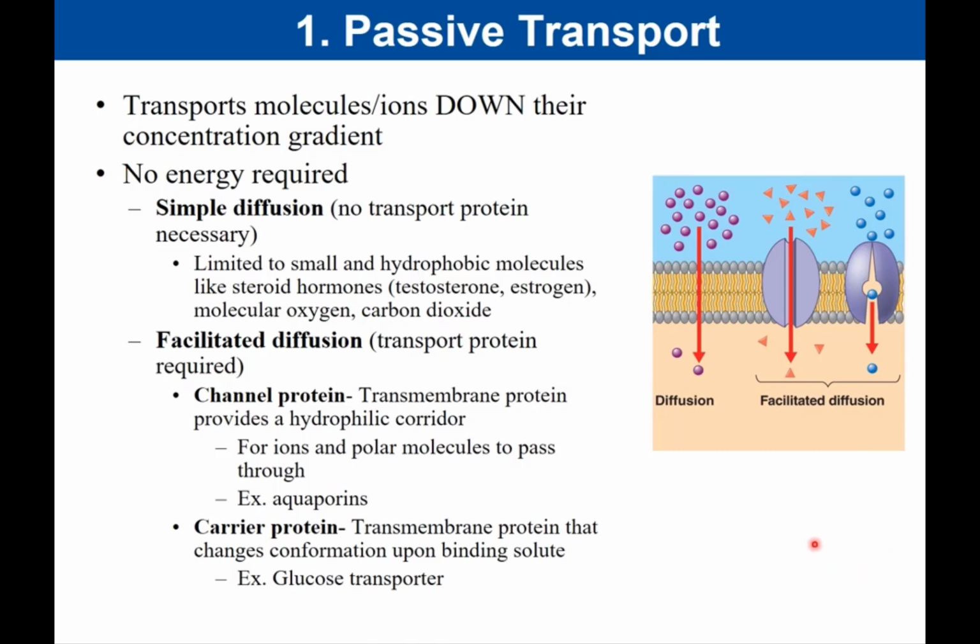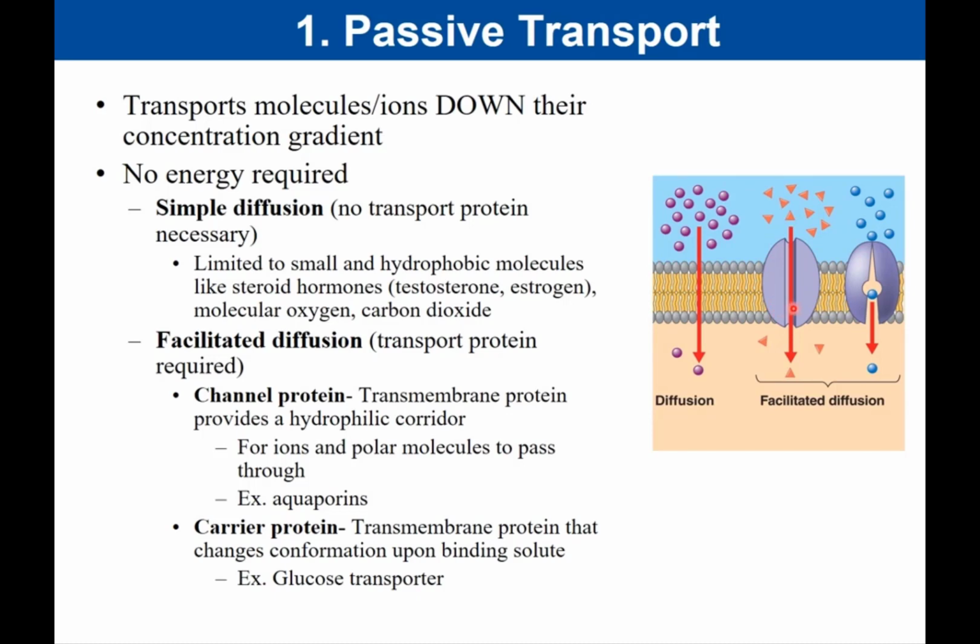And this is basically that the diffusion is facilitated by these transport proteins. So this is used for things that cannot cross the membrane on their own. They still will go down the gradient, meaning they'll go from the high concentration to low, but these molecules can't get through the hydrophobic core of the cell membrane. And so what's needed is this transport protein.